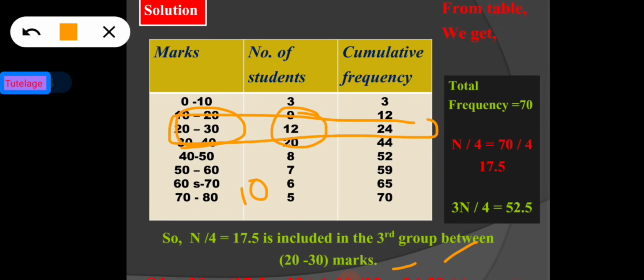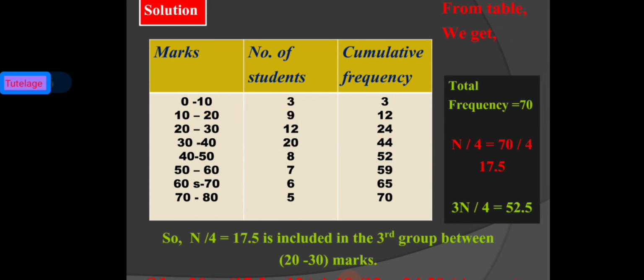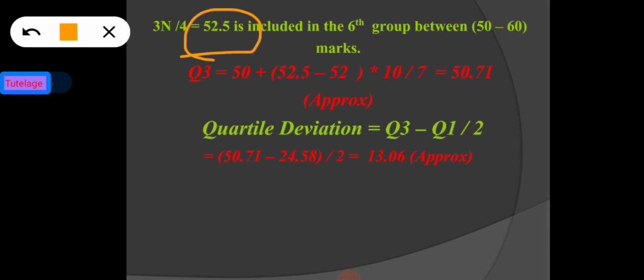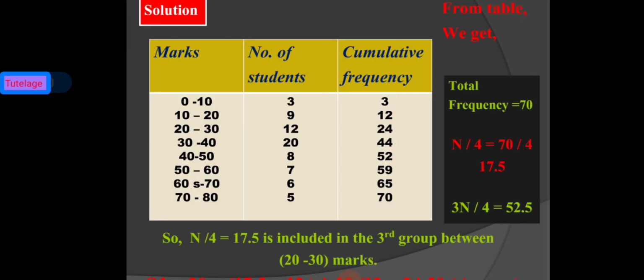Okay. So now move on to the next slide for the calculation process of Q3. Here we can see again 3n by 4, which is equal to 52.5, is included in the sixth group.